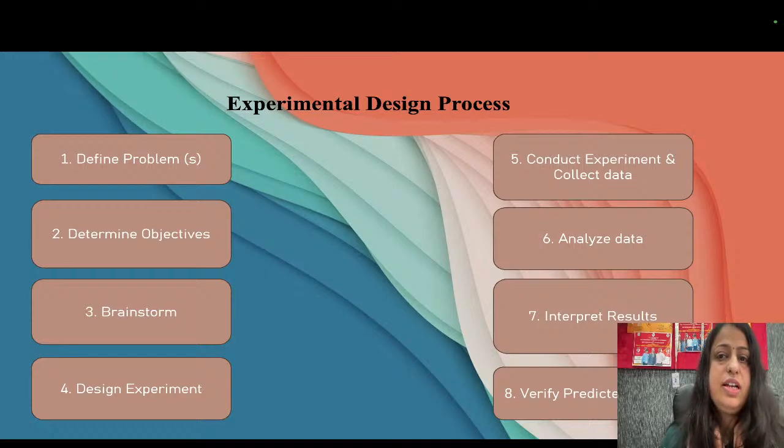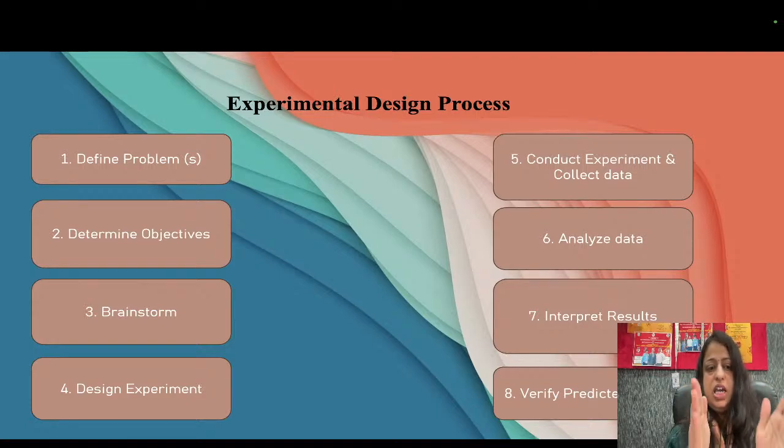Then I will conduct the experiment. When I choose the levels and then the runs, it will give me a design layout. In that design layout, the first column x1 gives the concentration of the first independent variable.